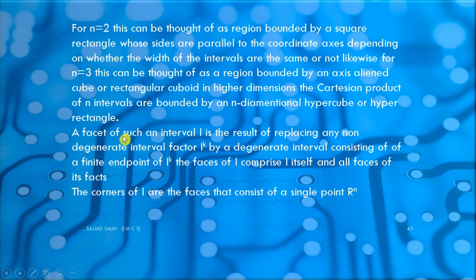A facet of such an interval I is the result of replacing any non-degenerate interval factor I^k by a degenerate interval consisting of a finite endpoint of I^k. The faces of I comprise I itself and all faces of its facets. The corners of I are the faces that consist of a single point of R^n.